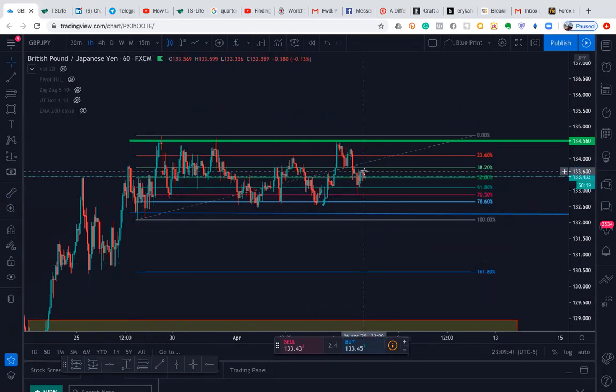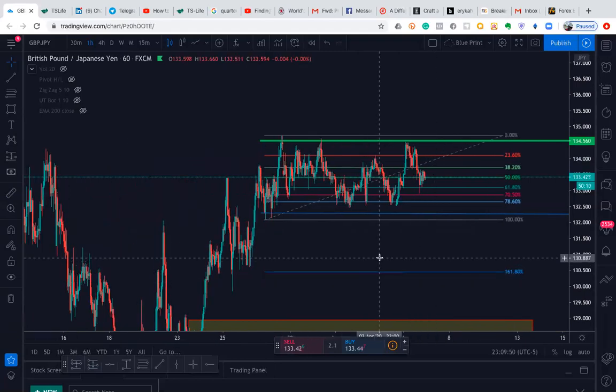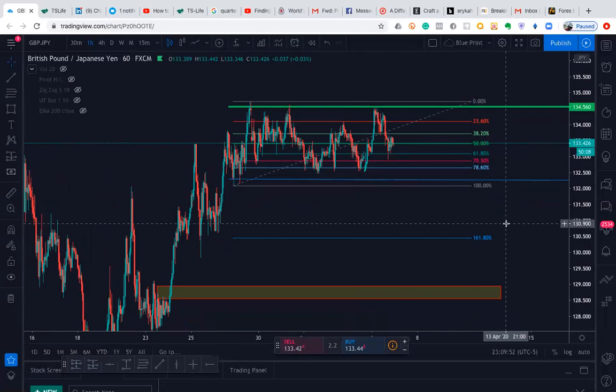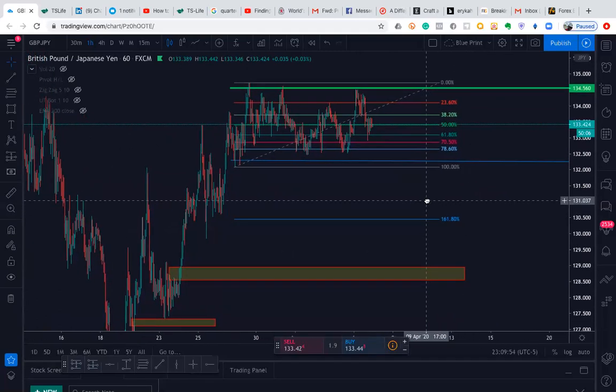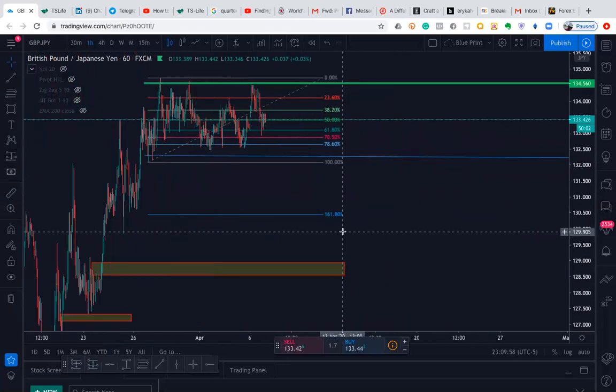And so now this is just a matter of letting this continue to range. And if we can catch any pips off of this, we'll catch pips off of this. Okay, so let me put that right there, and then let me put the notes back in here.